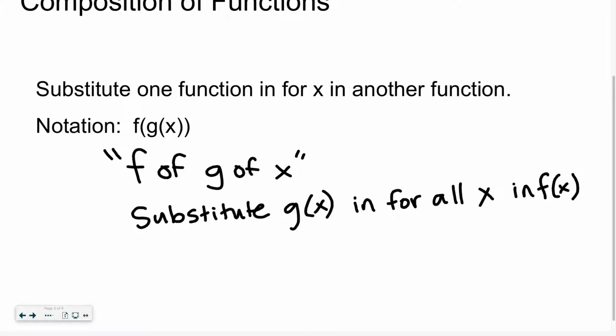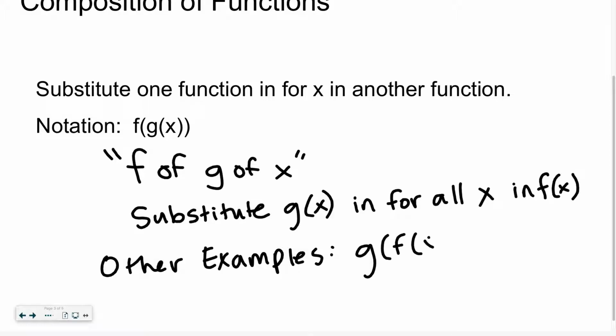You can rewrite this notation any way you want. So we can also write or see things like g of f of x. Then it's reverse. Plug f of x in for all the x's in your g of x function.